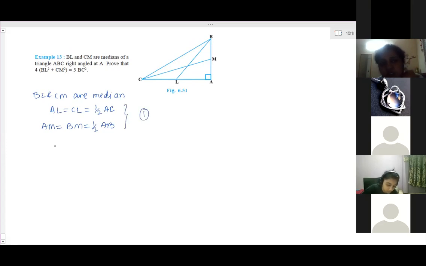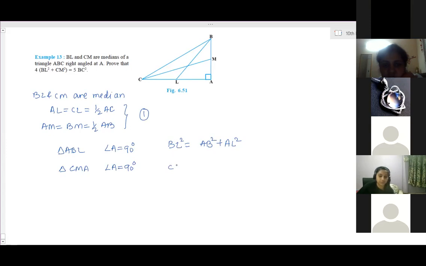Make this as equation 1. Then triangle ABL, angle A is 90. So therefore BL square is equal to AB square plus AL square. Okay. Triangle CMA, angle A is 90.